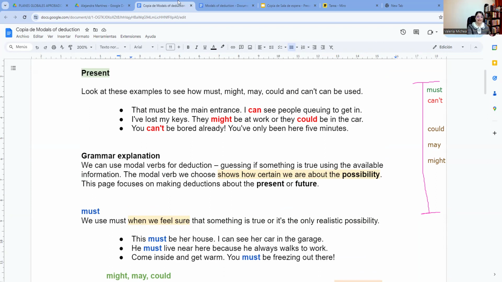And remember, again, this is related to the present. It is not related to the past, not yet. So let me ask you now if you have any questions or comments here, or maybe we can move on to the past. Let me know.